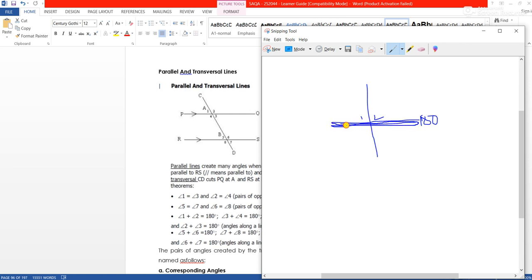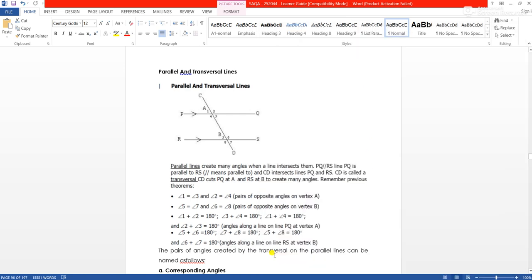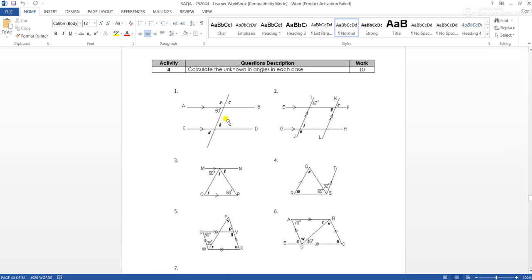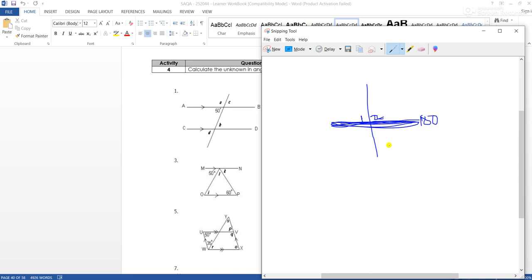So when you want an angle that you're given, like the one in your learner guide activity, to say calculate angle A, what you need to do, because this is 180 and you were given angle 50, so we know that 180 minus 50 will give you angle 130.